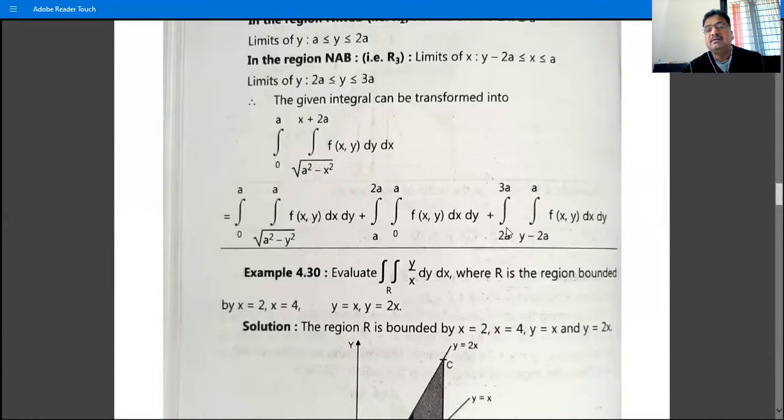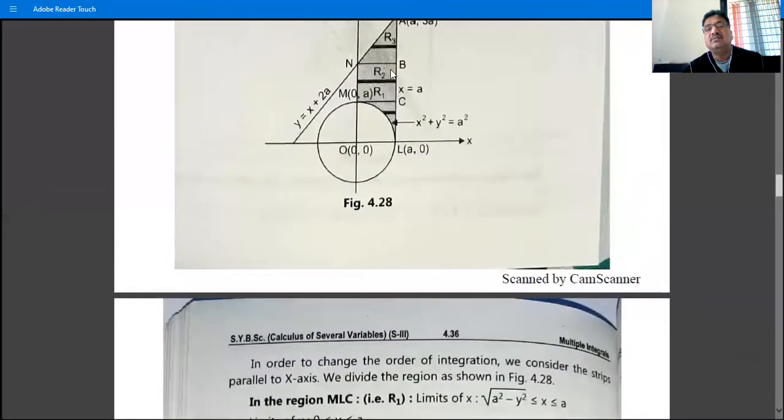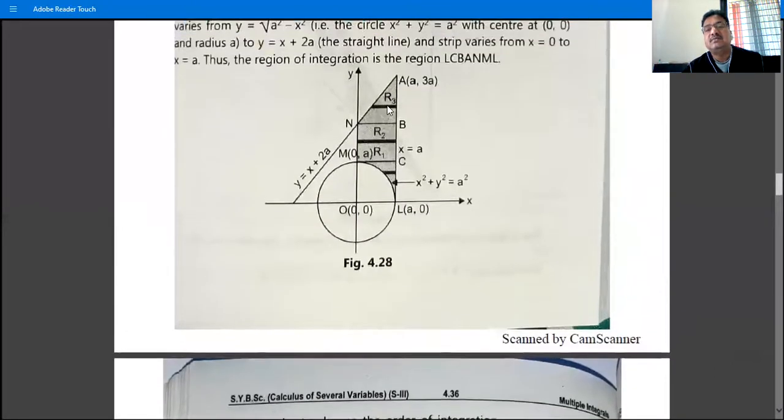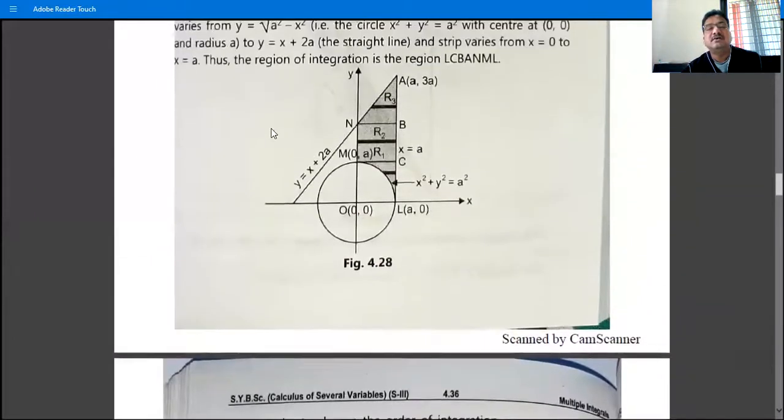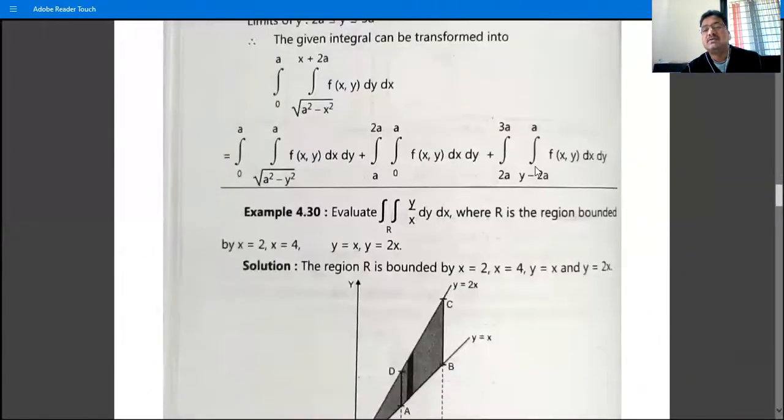And then the third, in the region R3, draw a strip parallel to x-axis. One end of the strip touches the line y is equal to x plus 2a. So from this we have x is equal to y minus 2a, which is its lower limit.